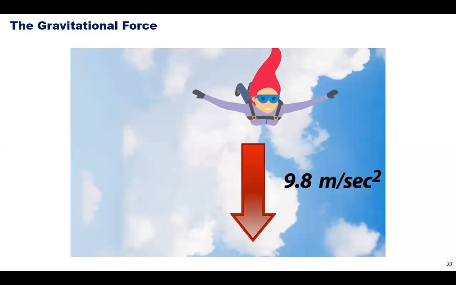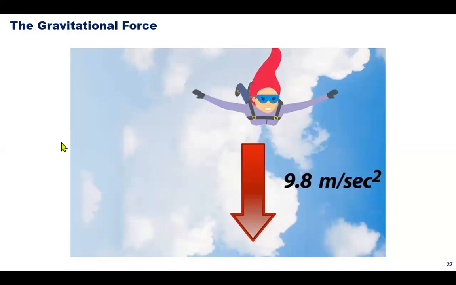When an object is in free fall, it is moving toward Earth with only the force of gravity acting on it. In other words, we are assuming that air resistance is negligible.